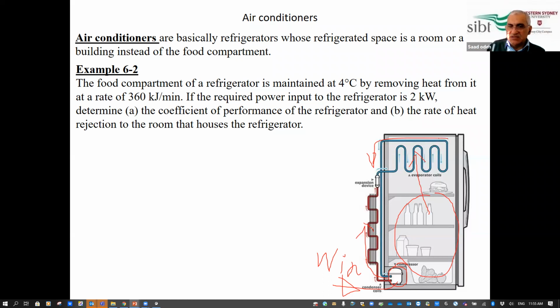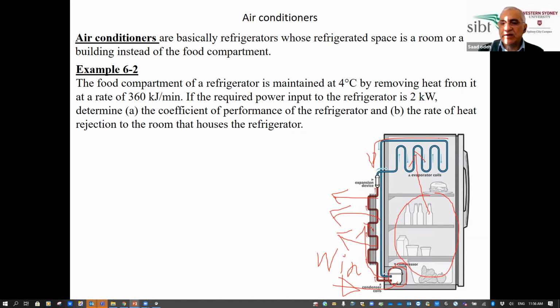I think you've seen this before. This is the condenser actually. This is where we reject heat to the room. If you put your hand or try to measure the temperature here, you'll find a very high temperature, sometimes reaching up to 50 or 60 Celsius. It's quite hot.